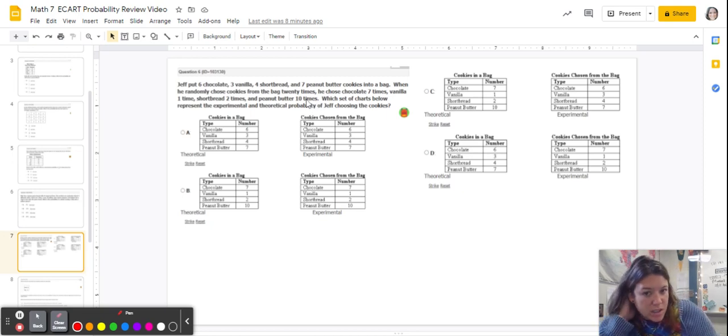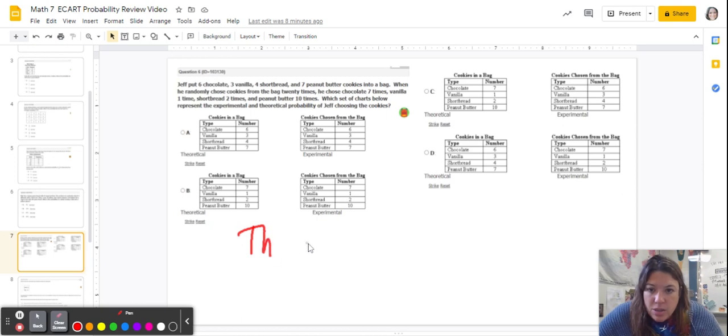So which set of charts below represents experimental and theoretical? Okay, so the theoretical is based on the numbers that he starts with in the bag. So 6 chocolate, 3 vanilla, 4 shortbread, and 7 peanut butter, that's the theoretical. So this is the theoretical.